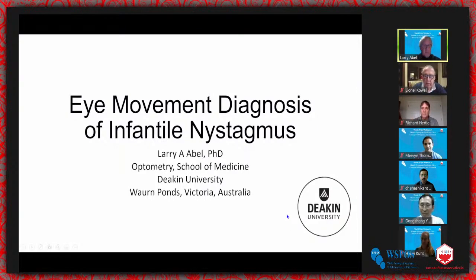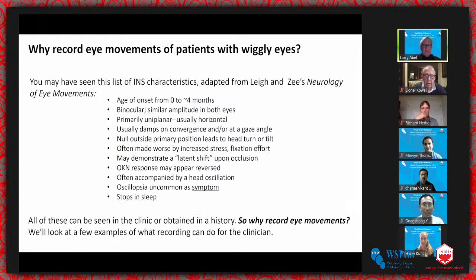So this table of nystagmus characteristics is probably familiar to anyone who's ever opened a copy of Lee and Zee or seen it from somebody else who's got a copy. With these, you can often make the diagnosis: the age of onset, the binocularity, the uniplanar nature, the presence of a null, the general absence of oscillopsia, a reversal upon occlusion.